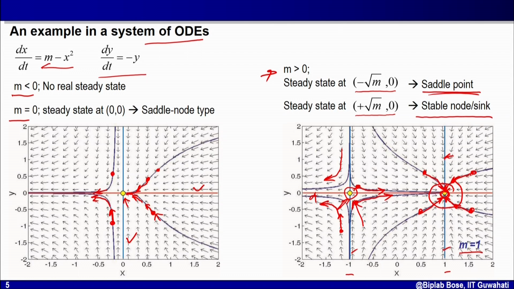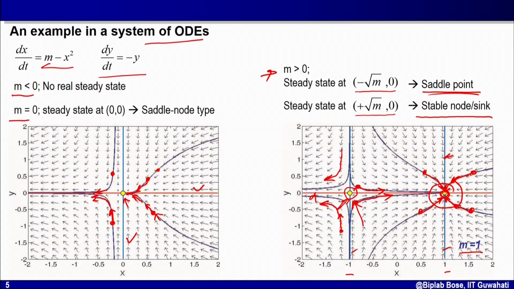So in this example, you are observing two phenomena. When m is changed in different domains, when m is negative, you don't have any real steady state. When m equal to 0, you have only one steady state. When m is greater than 0, you have two steady states. So the number of steady states is changing with the value of the parameter. Not only that, the type of stability of the system is also changing.